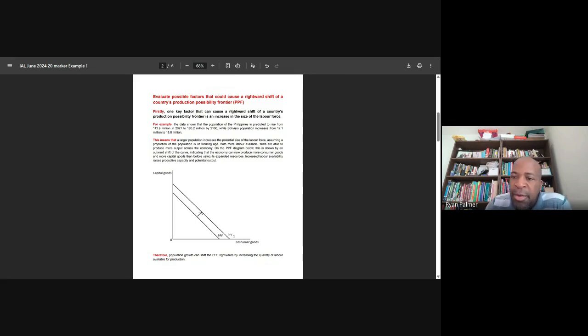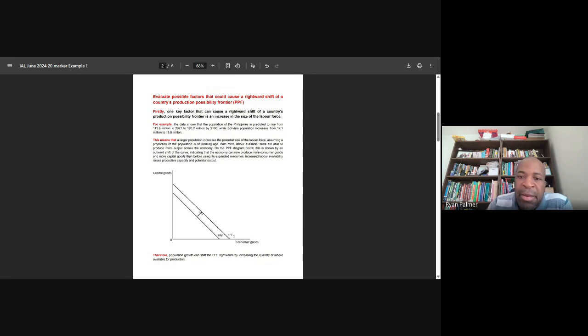So I would argue that our KAA paragraph, knowledge, application, analysis, is going to be structured in this particular way. Firstly, make a thesis statement as to what we believe is a possible factor that could shift the PPF curve rightward. Then incorporate some data from the stem of the question or some real world knowledge that we have available to us.